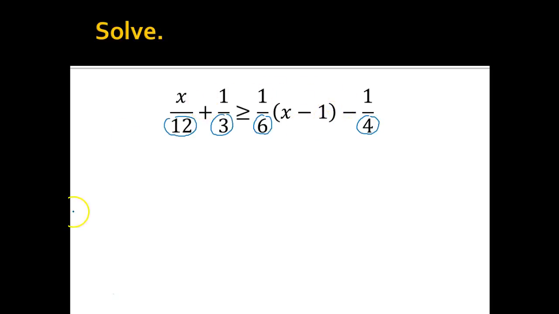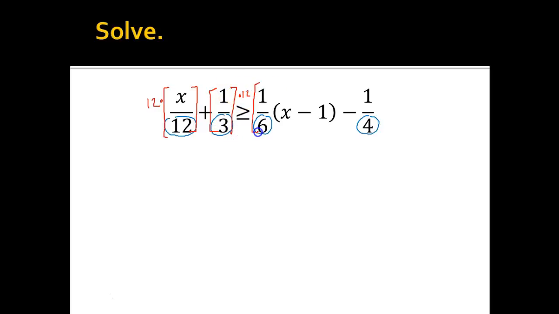So what we're going to do is multiply each part of this by 12. The parts are going to be delineated by the plus and minus signs. So there's a part right there. I'm going to multiply that by 12. And then the second fraction, 1/3, I'm going to multiply that times 12.